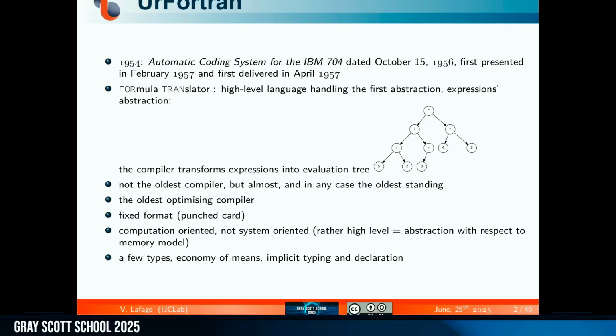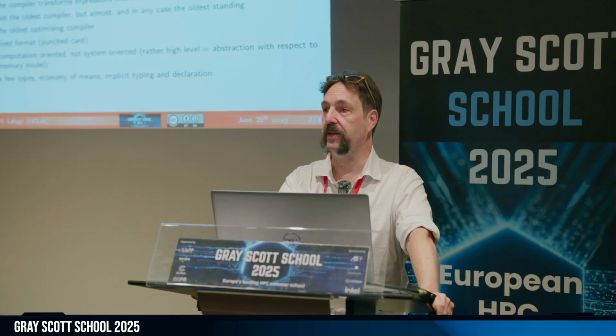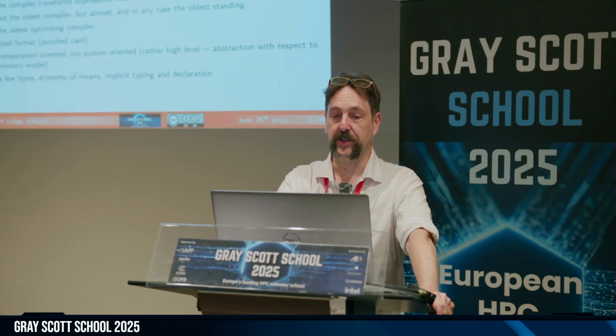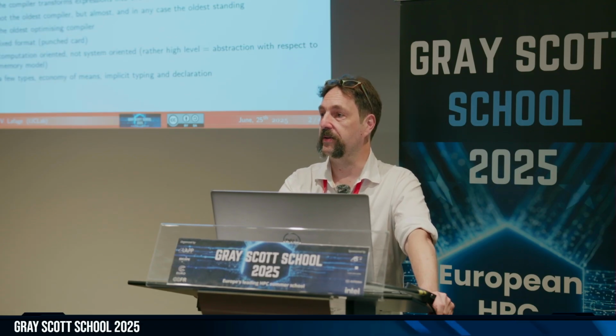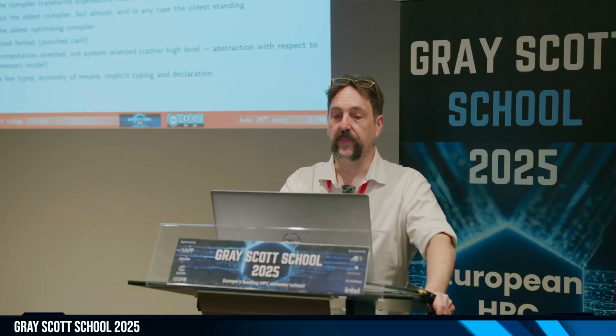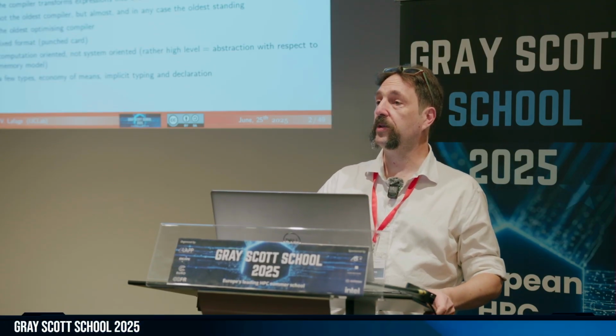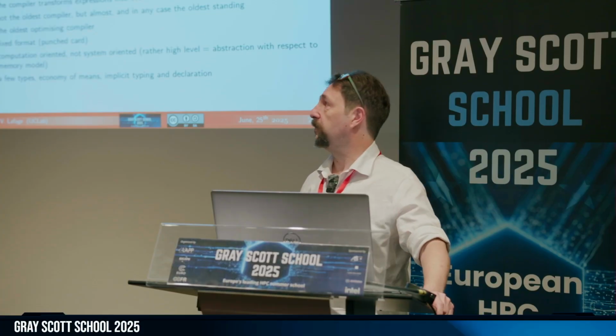So I will continue with the initial definition of Fortran. It was an acronym for Formula Translator. What is obvious for us, that any language, and in particular any compiler, will take a human-readable formula and make it some sequence of assembly instructions, was absolutely not obvious 70 years ago.